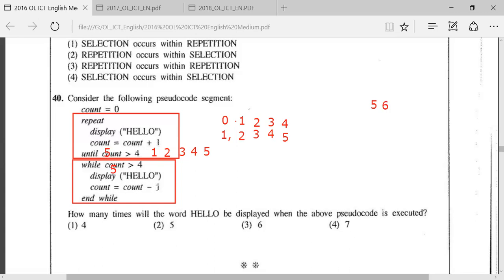Count equals count minus 1. 5 minus 1, it is 4. 4 greater than 4, it is false. It is a while loop. So exit from the loop. So totally, how many outputs? 6 outputs, 5 and 1, 6. So the answer is the third option.